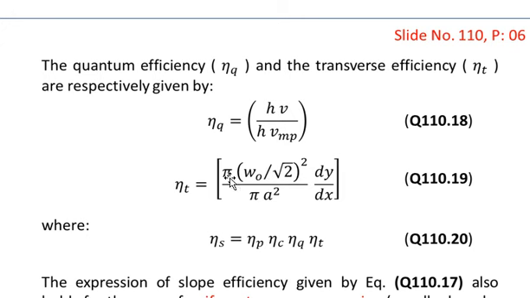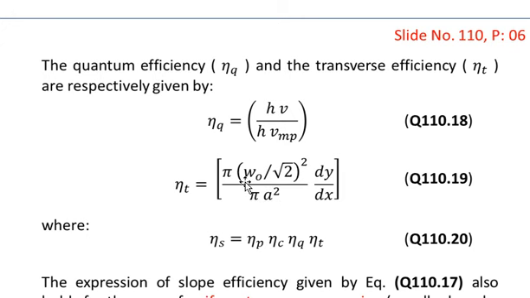So pi into this quantity is the spot size of the beam, the cross sectional area of the pump beam, divided by pi a square, which is the cross sectional area of the cylindrical active medium rod.